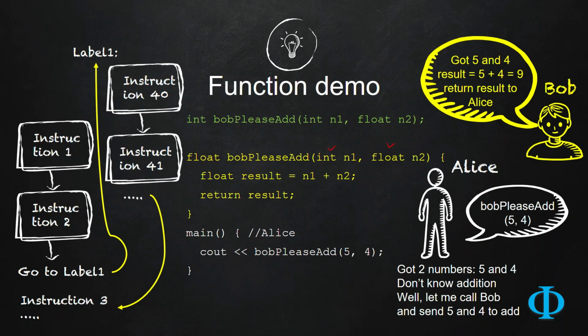Also, you have some other grammatical regulations that you have to follow. So a simple demo can clarify it better. In the next video, we are going to see a demo for a C++ function and how it works.